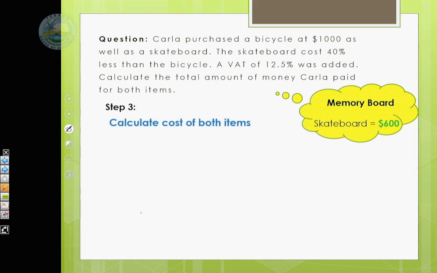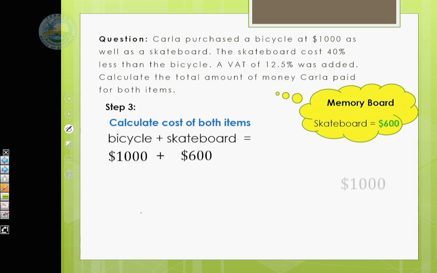Calculate the cost of both items. Now that we have found the cost of the bicycle and the cost of the skateboard, we're now going to find the total cost of both items. Bicycle plus skateboard, $1,000 for the bicycle plus $600 equals, we are now going to do our addition. 0 plus 0 equals 0, 0 plus 0 equals 0, 0 plus 6 equals 6, 1 plus 0 equals 1.